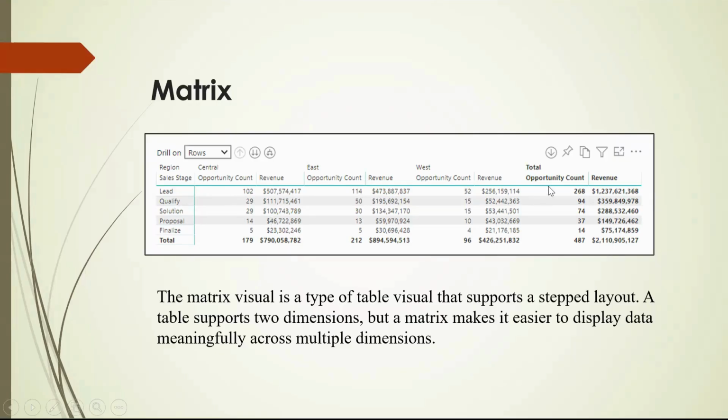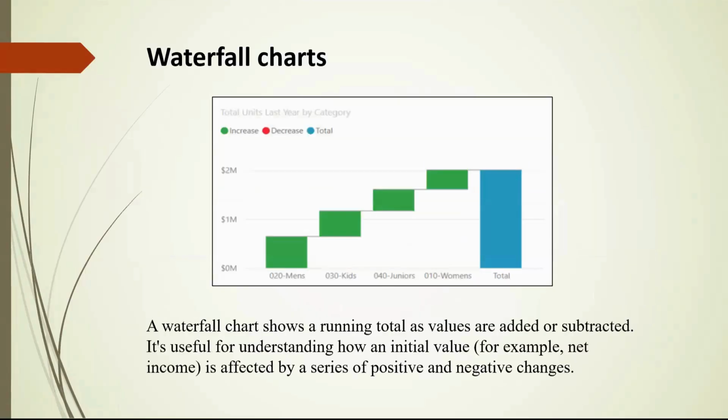Again, you can see total opportunity count. So here we can see the data more in detail and in a categorized manner. It is a great tool for creating a hierarchical view of the data. When you want to showcase that, use the matrix.